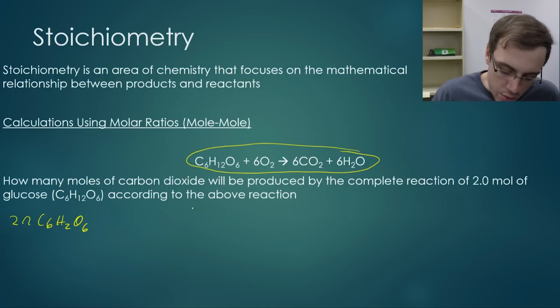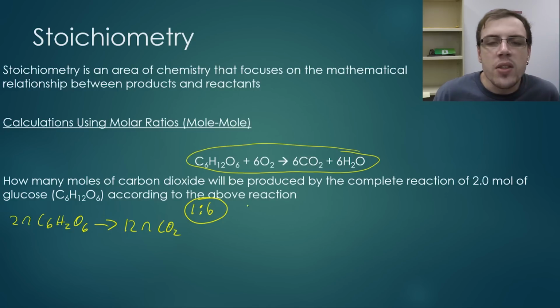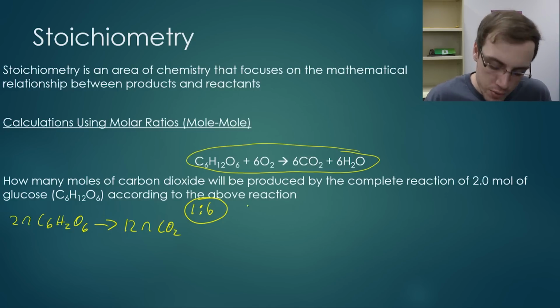So our ratio is 1:6, because for every 1 glucose molecule, it will produce 6 carbon dioxide. So it means that if we are given 2 moles of glucose, according to our ratio, it's going to make 12 moles of CO2. This is how we can compare two substances by using their molar ratios.